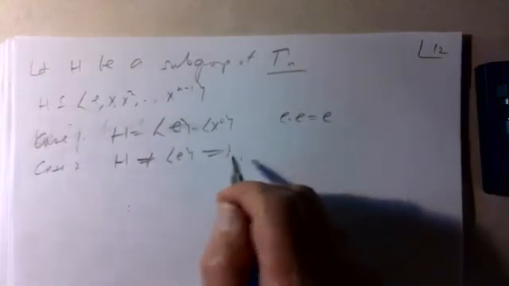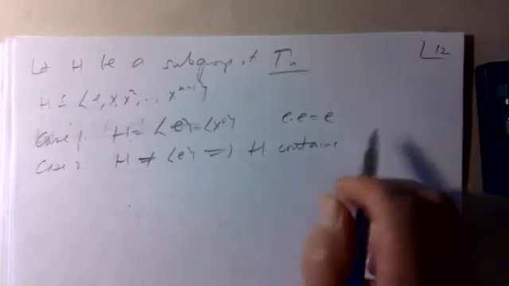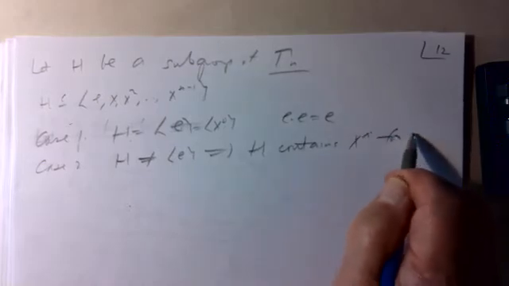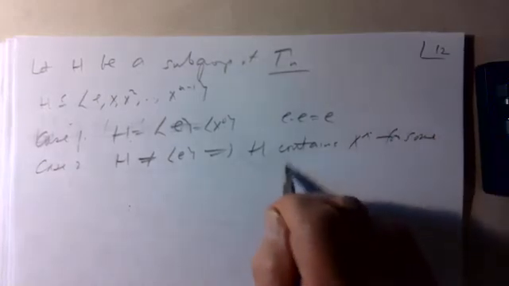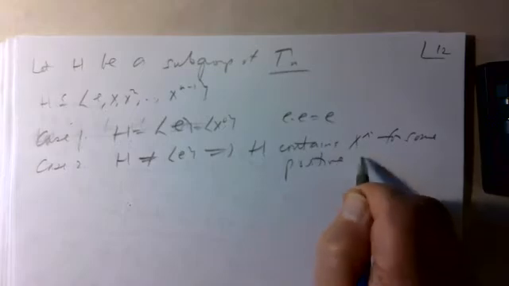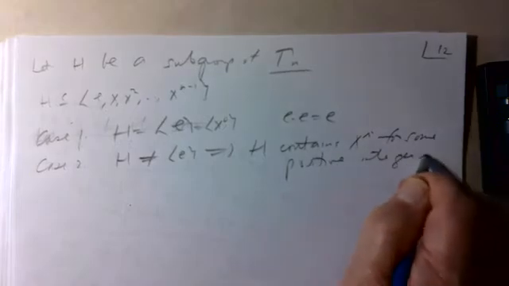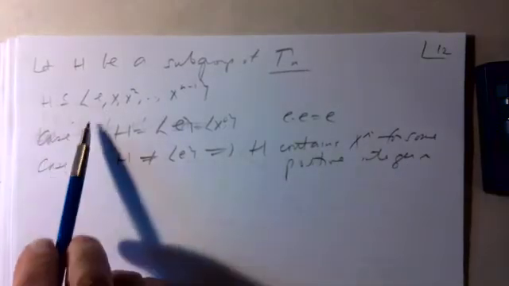So the more interesting case is when H is not just the identity, which means H contains x to the i for some positive integer i. H is a subset of this set.